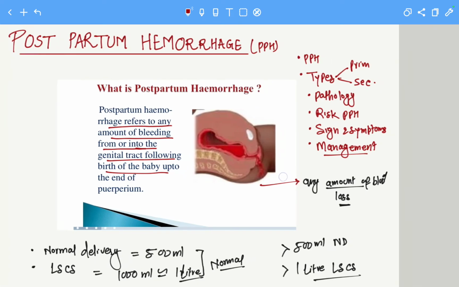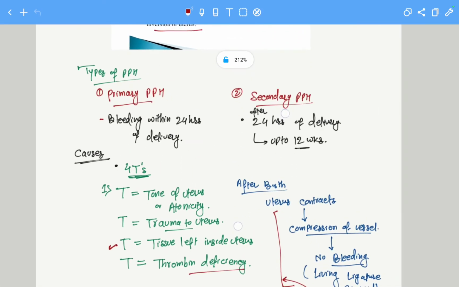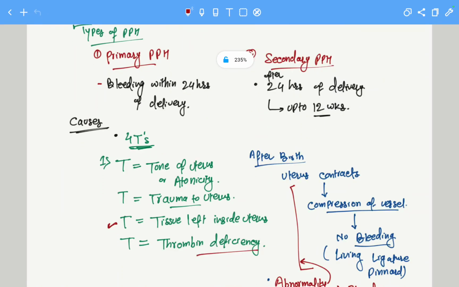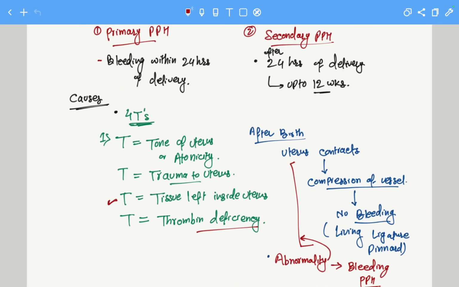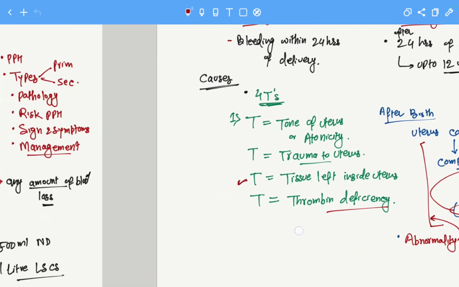Then we had discussed about the 4 T's, and the 4 T's that we have discussed here is the tone of uterus, uterine atonicity, right? After delivery the uterus contracts, that acts as the living ligature pinard that compress the vessels, and the bleeding stops, right? If there is any abnormality in this process, the bleeding will continue and is known as PPH, right? Any trauma, any tissue left inside the uterus, and if there is any thrombin deficiency.